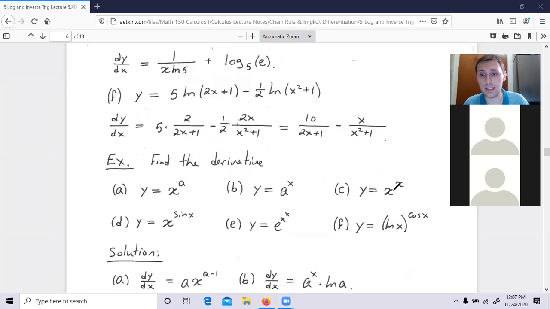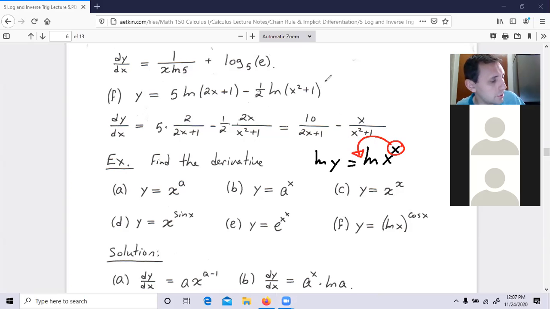You see, it's x to the power of x. Why not take logarithms of both sides? So ln of y will then be equal to ln of x to the x. And the reason you think to do so is because you can take this x and move it down. Yes?